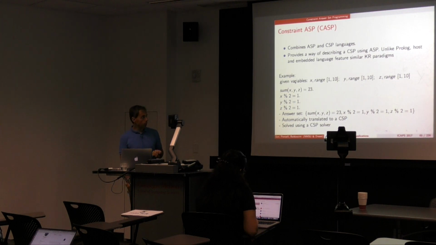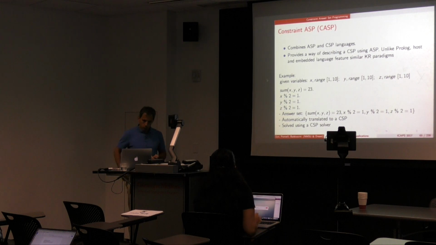In CASP, one big reason for the interest that people had is that both ASP and CSP have very similar knowledge representation paradigms, both highly declarative, both essentially based on constraints, just different types of constraints. And so that's the reason for people's interest in combining them.